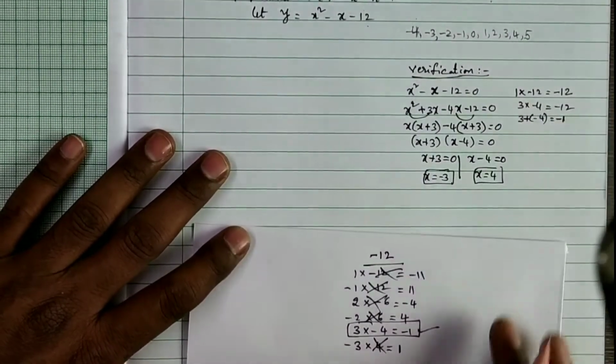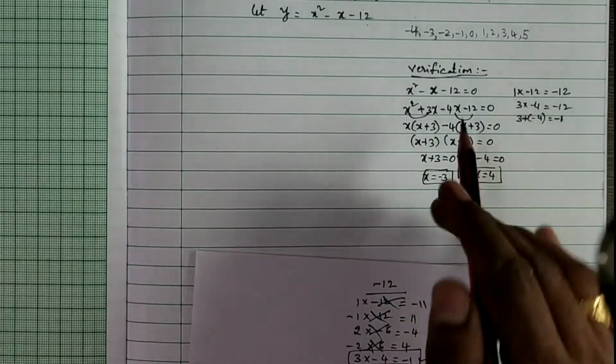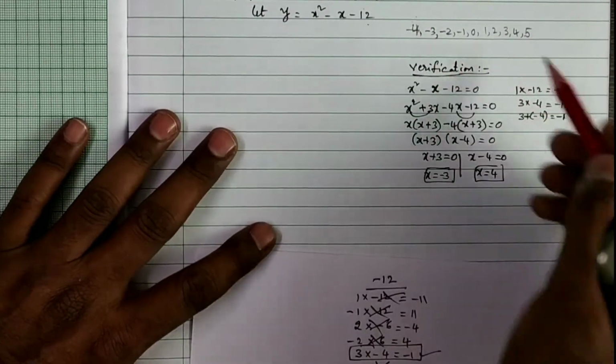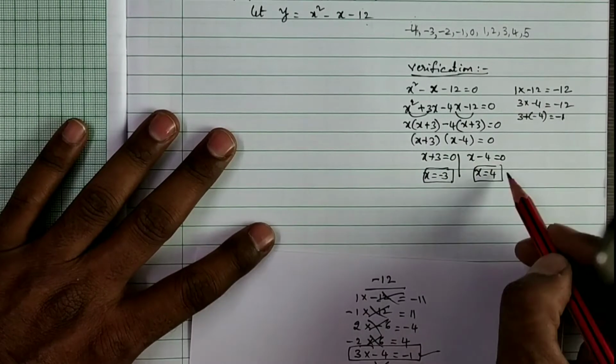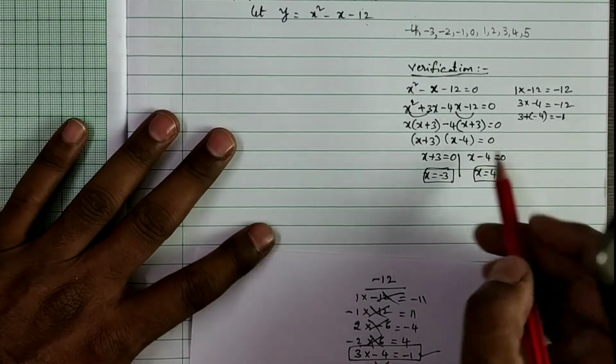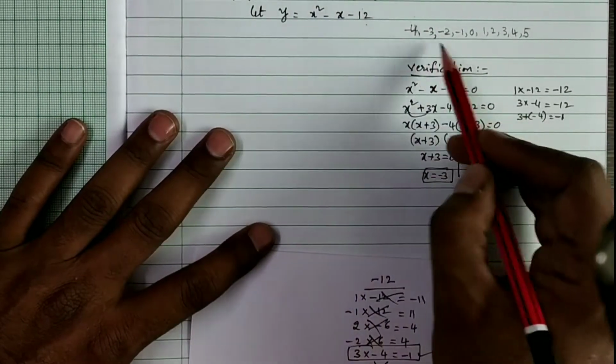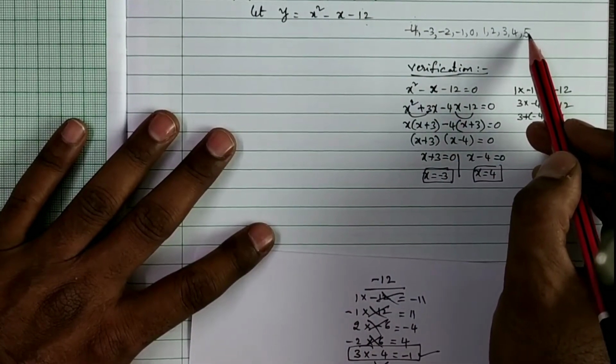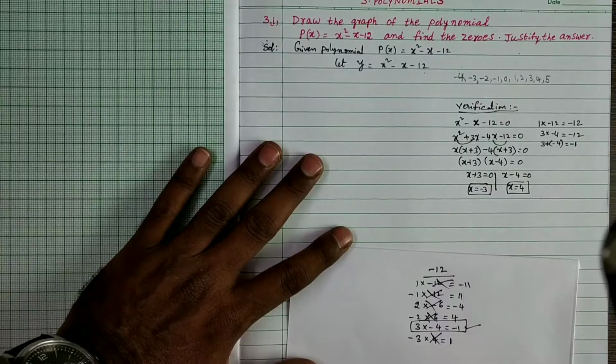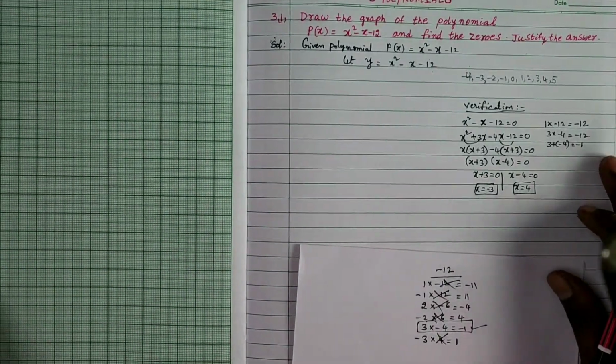To avoid confusion in taking the x values, first of all it is better to find the zeros of the polynomial and take the values in the place of x. Then you will get a perfect diagram of the given quadratic polynomial.